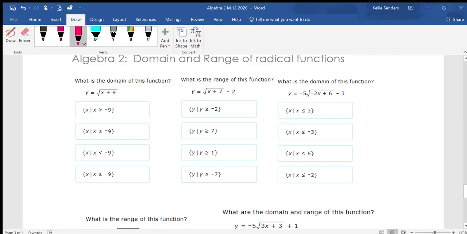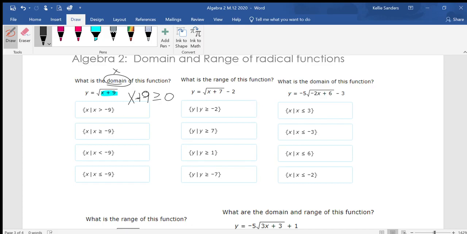Now, on this, we are looking for the domain. The domain is the x. To be able to find what x can be, you're going to do this every single time. You're going to take what's on the inside and set it equal to greater than or equal to 0.